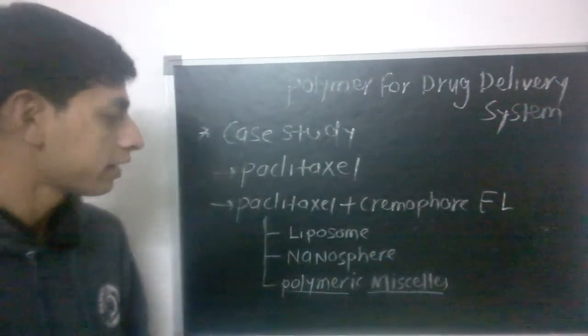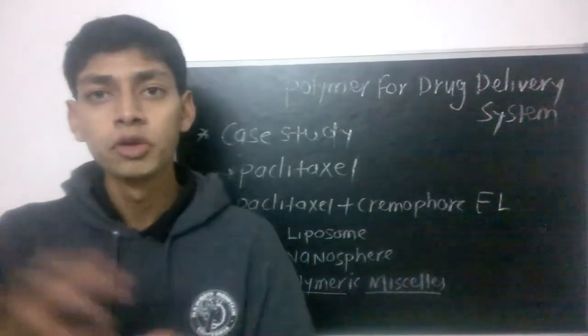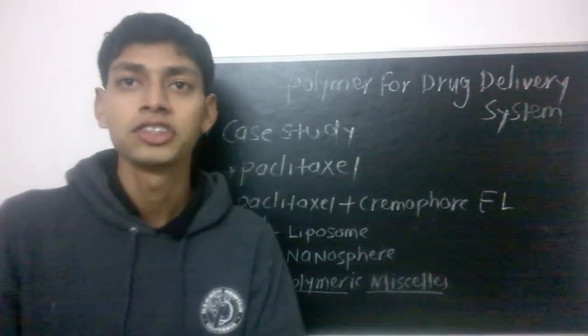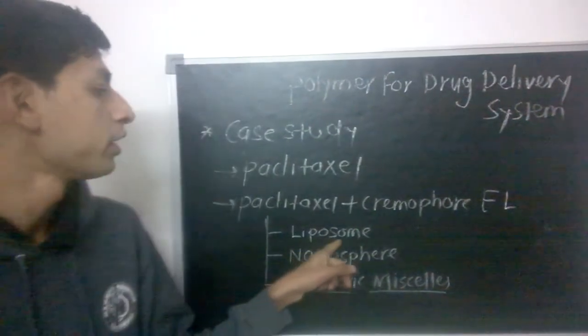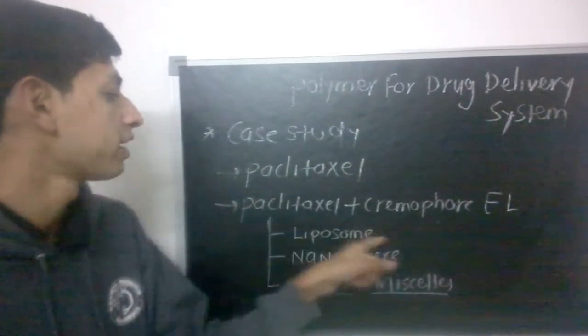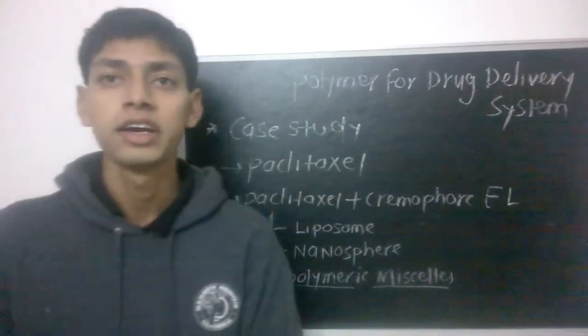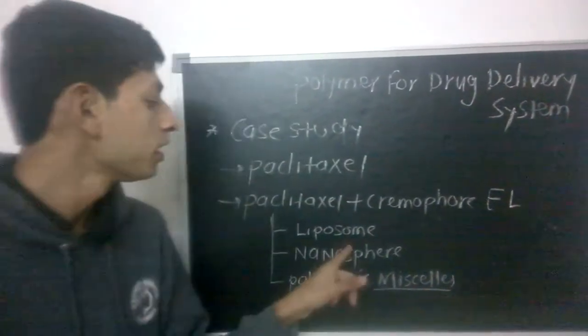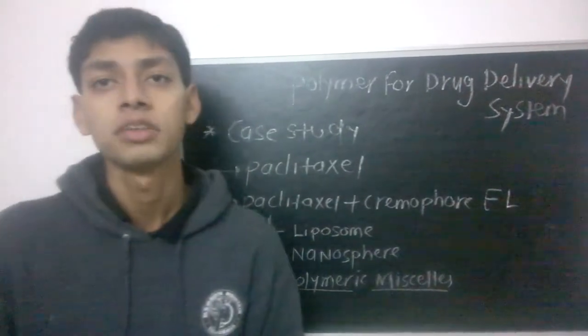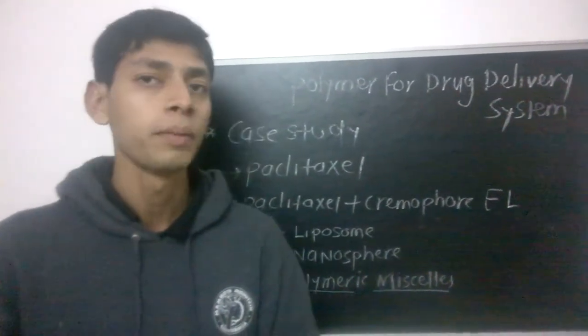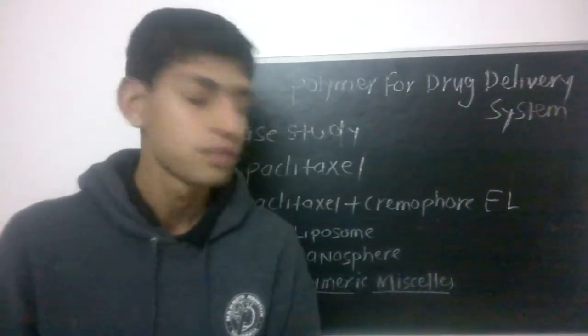Because of that, the body's immune system engulfs the liposomal delivery system, and that's why the viability of liposomal paclitaxel is very low. Apart from that, the main drawback of liposome is that it is mainly taken up by the RES, the reticuloendothelial system, and that's why the ultimate viability of paclitaxel would be decreased.